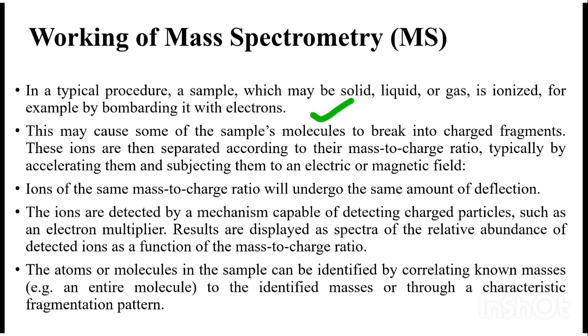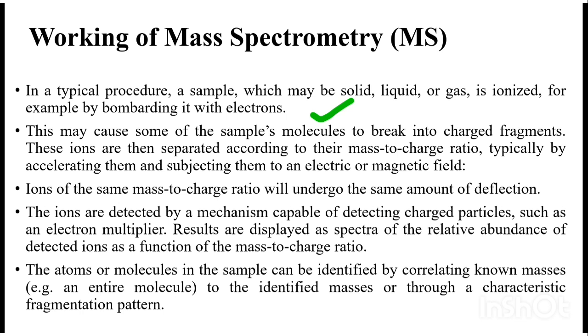These ions are then separated according to their mass to charge ratio, typically by accelerating them and subjecting them to an electric or magnetic field. Ions of the same mass to charge ratio will undergo the same amount of deflection. The ions are detected by a mechanism capable of detecting charged particles.